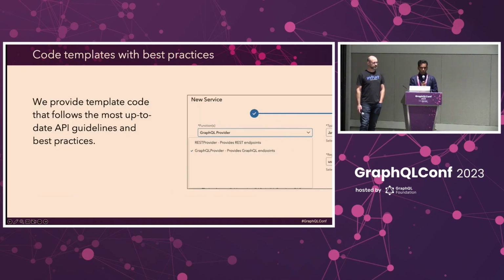And the code templates that we have are updated with our API guidelines. So if there are any updates to the API guidelines, the templates also automatically get updated with these guidelines and best practices. And the generated code follows the schema first or the API first approach.